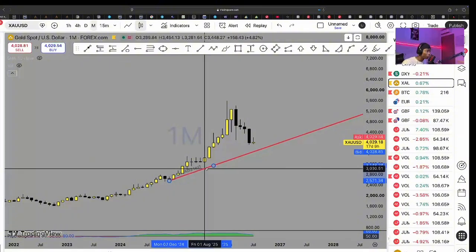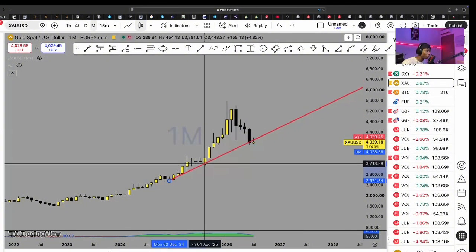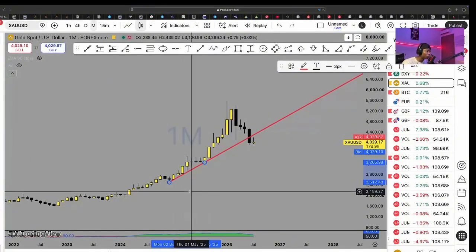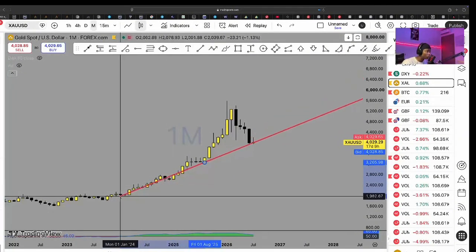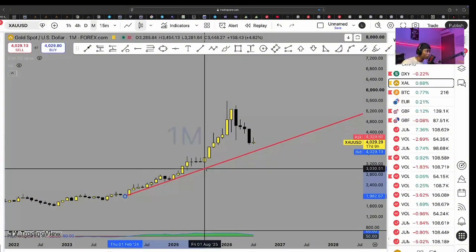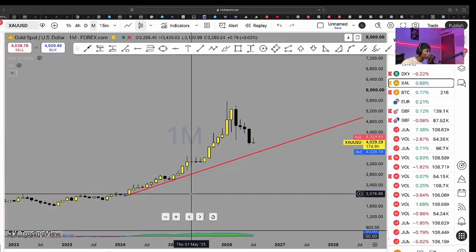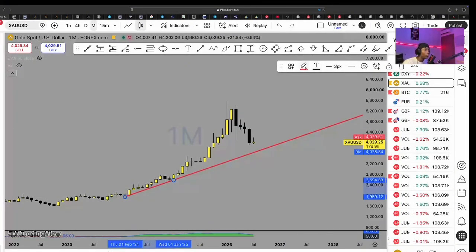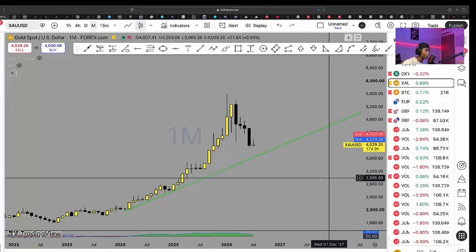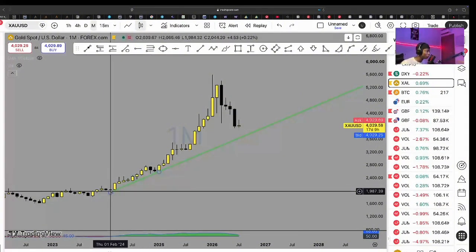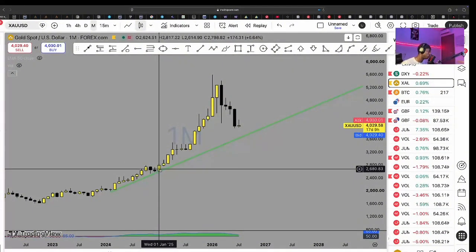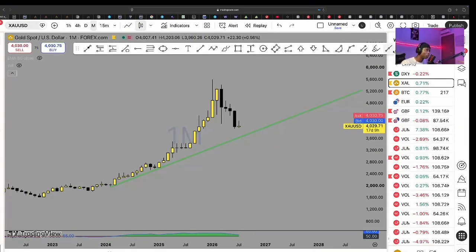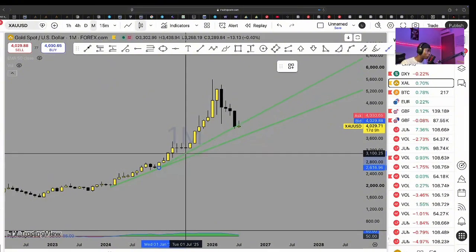I just wanna work with a clear trend. So this is my first touch on the monthly, this is my second touch on the monthly. I'm still expecting to have a third touch at this point, so I'm still gonna come in again with another trend line.